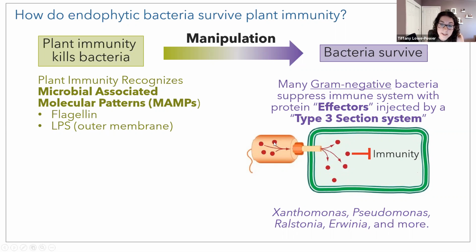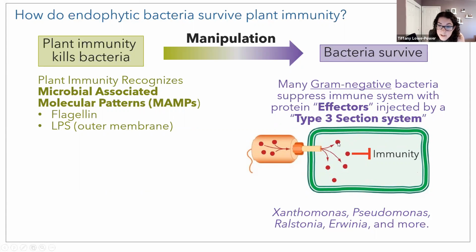And then the bacteria takes what we call effector proteins, which have an effect, very clever name. So these effectors are then secreted through that hypodermic needle into the plant cytoplasm. They generally change plant cell physiology in a way that benefits the bacteria.